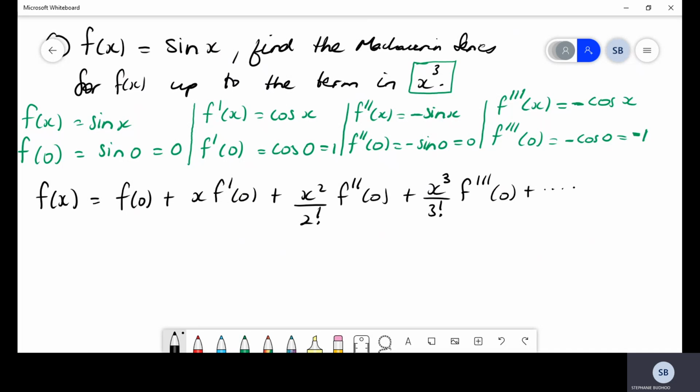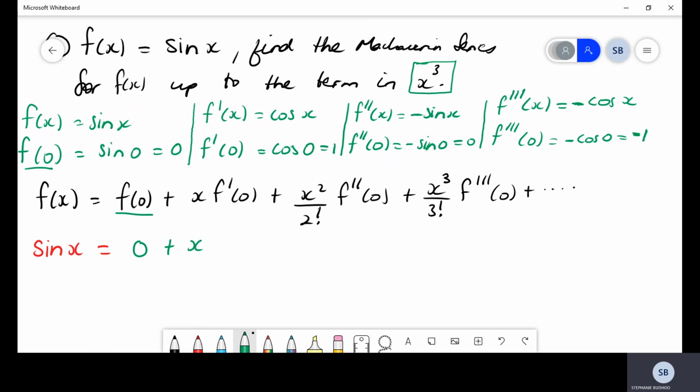So we have on the left-hand side our function. Our function is given by sine x. So on the left-hand side, we'll write back our function as sine x. And on the right-hand side, what values did we get? Well, f of 0 was given by 0. So our first term actually worked out to be 0. Then we're going to add x.